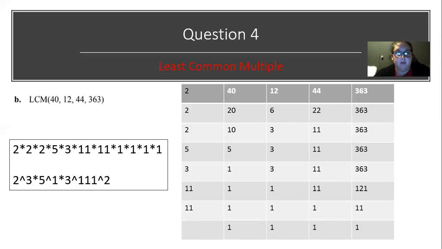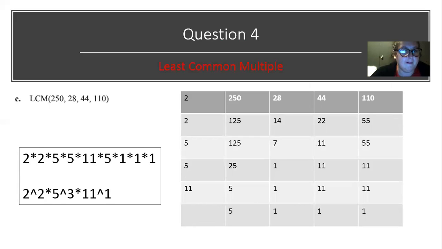At the bottom, we've got 4 1s, so times 1 times 1 times 1 times 1, which we don't have to use when we're writing this out. So we've got 2 to the 3rd power times 5 to the 1st power times 3 to the 1st power times 11 to the 2nd power. So that is going to be our least common multiple of 40, 12, 44, and 363.